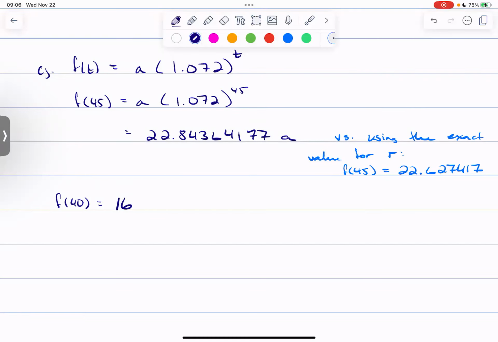Okay, 2 to the power of 4. It's 2 to the 4.5. This is supposed to be 45. I know, I was just checking to see if this makes sense.